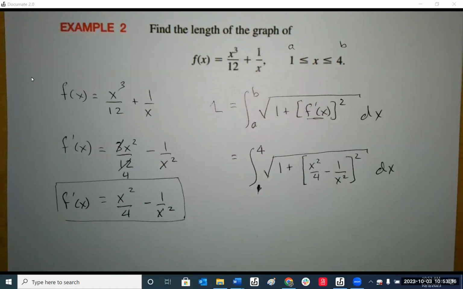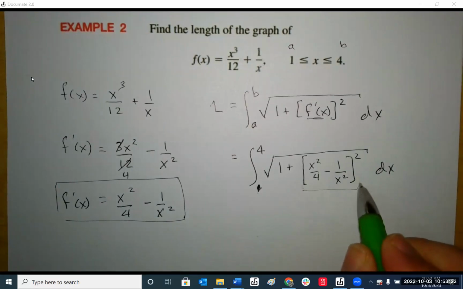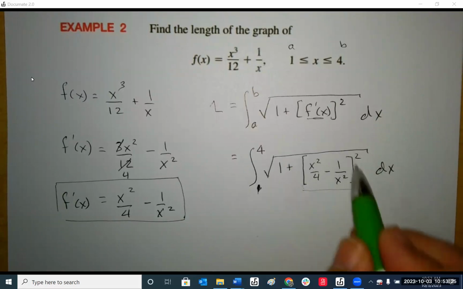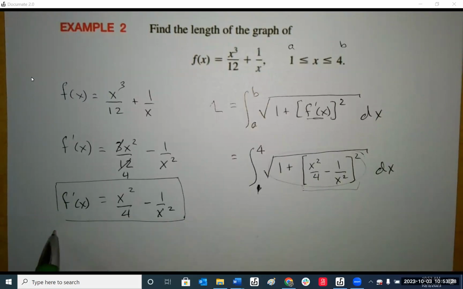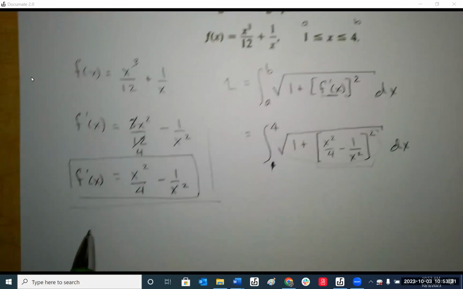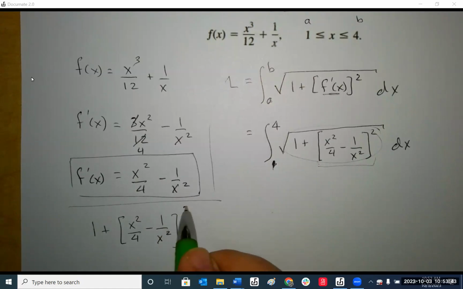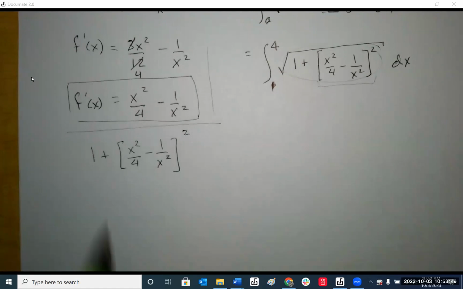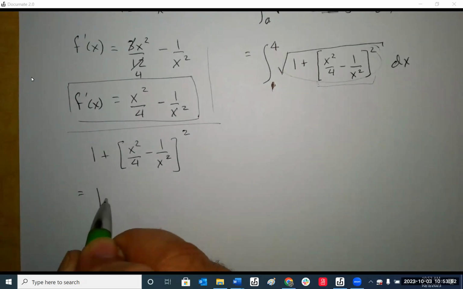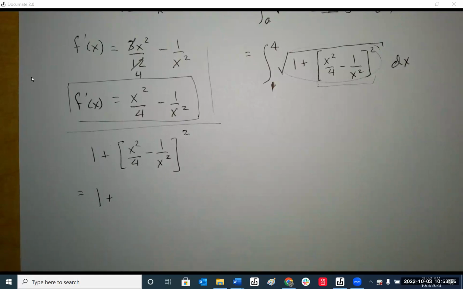So what's next? We have to square this thing here. So let's look at the inside of this whole thing here. One plus x squared over 4 minus 1 over x squared, squared. We have to FOIL this one because it's got a plus or minus in the middle there.